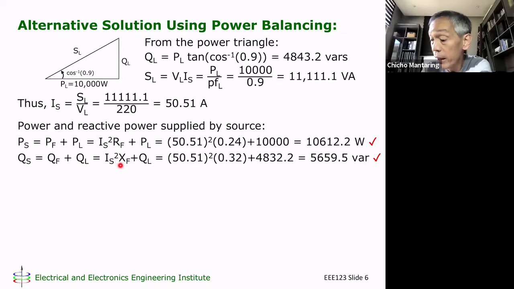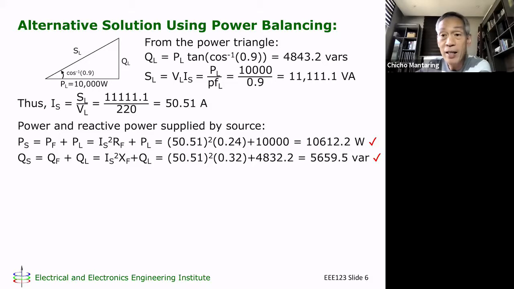So delivered to the feeder line, that's IS squared times X of the feeder line, the reactance of the feeder line, plus Q of L, which is what we computed up here, 4843.2 VARs. So I'm going to get 5659.5 VARs. So ang unang nasagot natin dito is the power and reactive power delivered by the source.